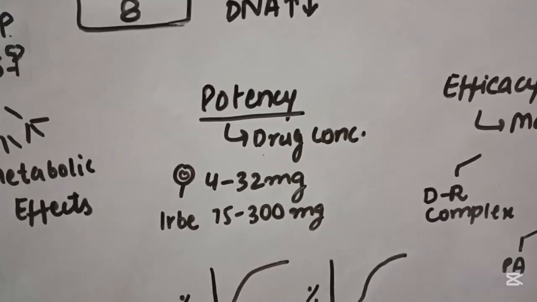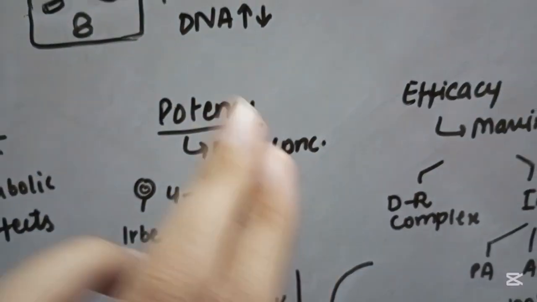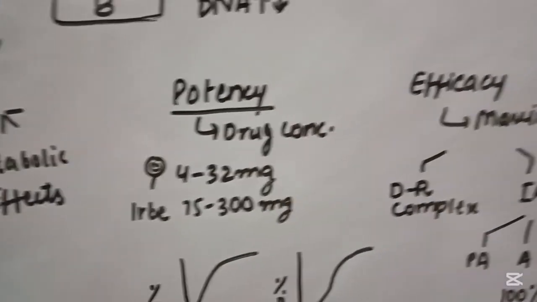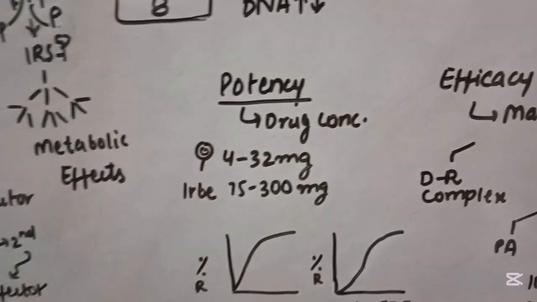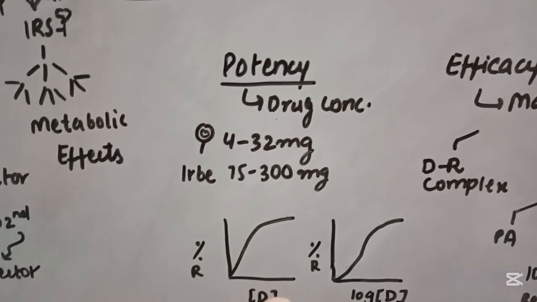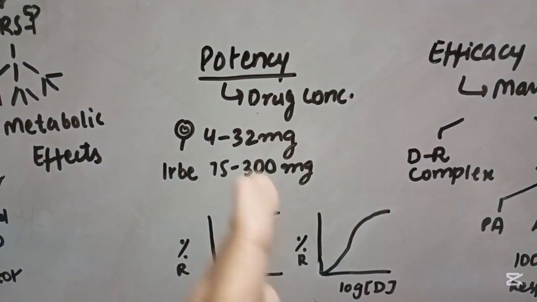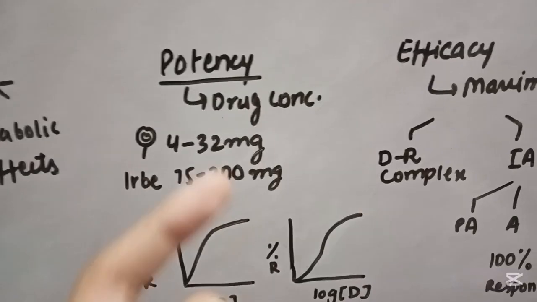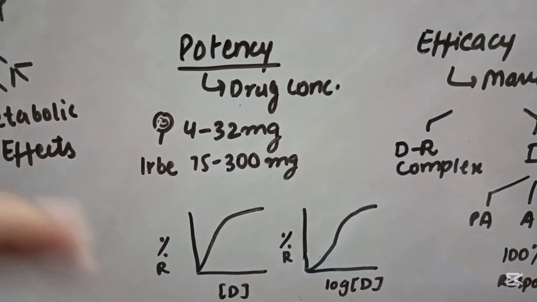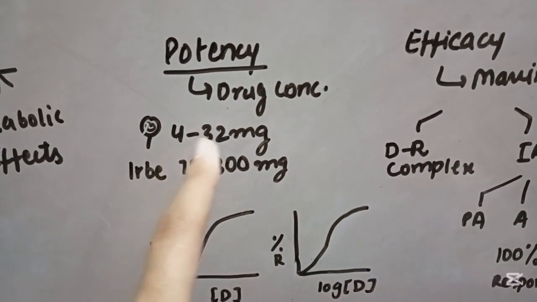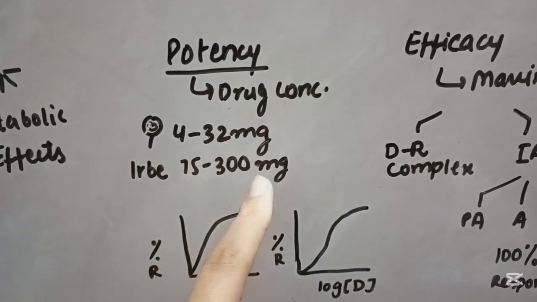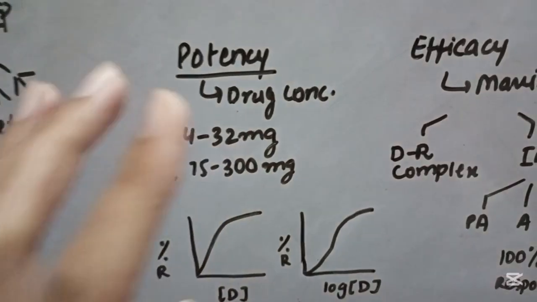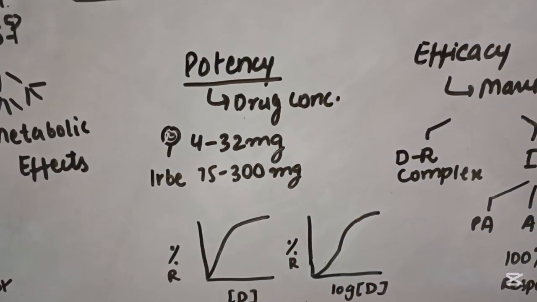Whenever the term potency comes to your mind, always remember drug concentration, because potency deals with the drug concentration and it is used in the comparison of two drugs. Like if there are two drugs, candesartan and irbesartan, 4 to 32 mg of candesartan is required to produce the same response as 75 to 300 mg of irbesartan.